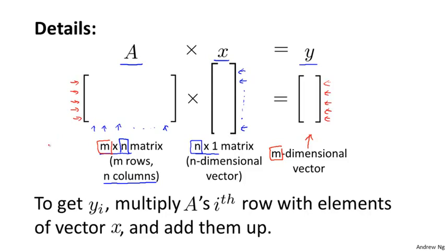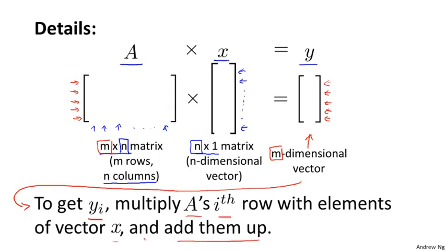So how do you actually compute this vector y? It turns out that to compute this vector y, the process is to get yi, multiply the ith row of A with the elements of the vector x and add them up. Here's what I mean. In order to get the first element of y, that first number, whatever that turns out to be, we're going to take the first row of the matrix A and multiply them one at a time with the elements of this vector x.